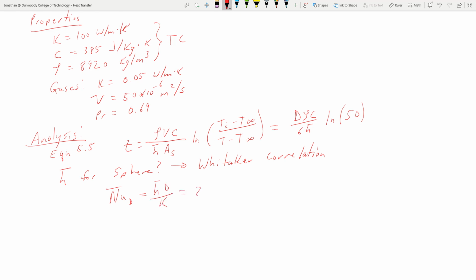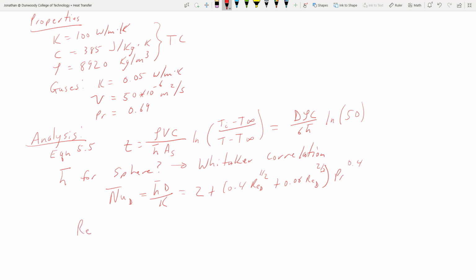That's going to give us something like 2 plus 0.4 Reynolds to the 1/2 plus 0.06 Reynolds to the 2/3 times Prandtl to the 0.4. We're getting rid of that viscosity, the mu over mu s bit, because we don't have anything about mu in this problem. And it should get us pretty close to 1 anyway.